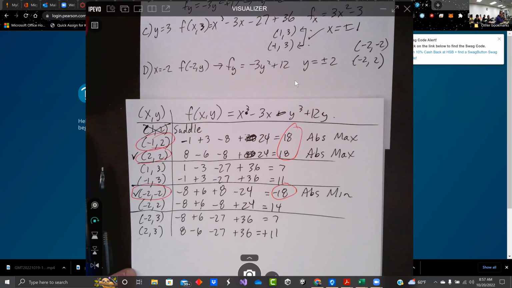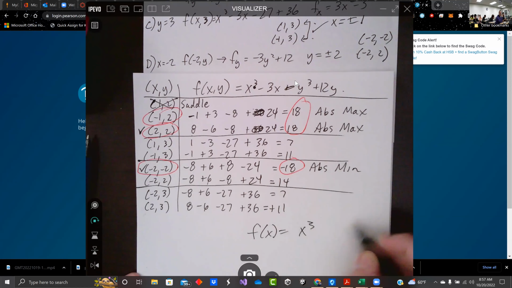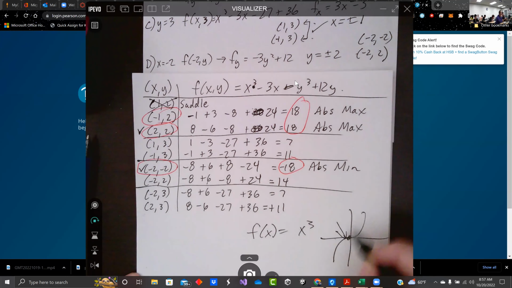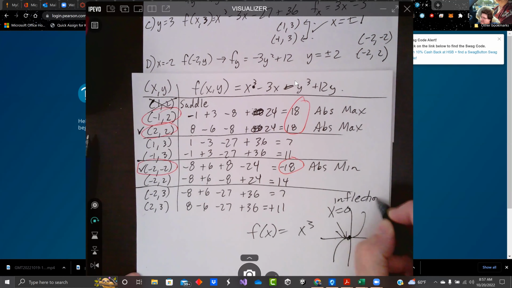No, I mean, that's a critical point, but that's a saddle point in 1D. And maybe label the critical points. Inflection point. So I don't know.